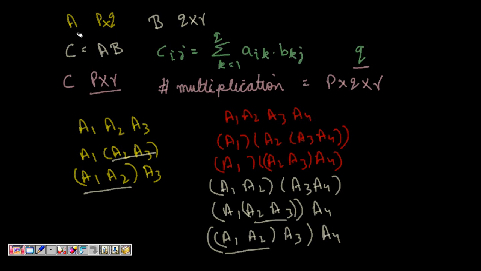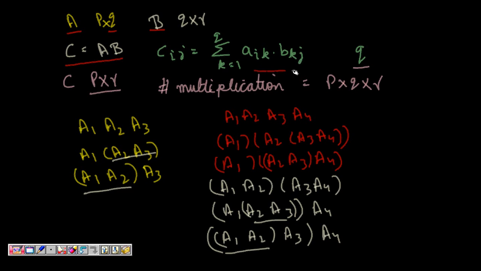If two matrices A and B are of size P into Q and Q into R, then they can be multiplied because the columns of the first matrix equal the rows of the second matrix. So we get C equal to AB, and its size will be P into R, and each element Cij will be given by the summation for k equal to 1 to Q of Aik into Bkj.